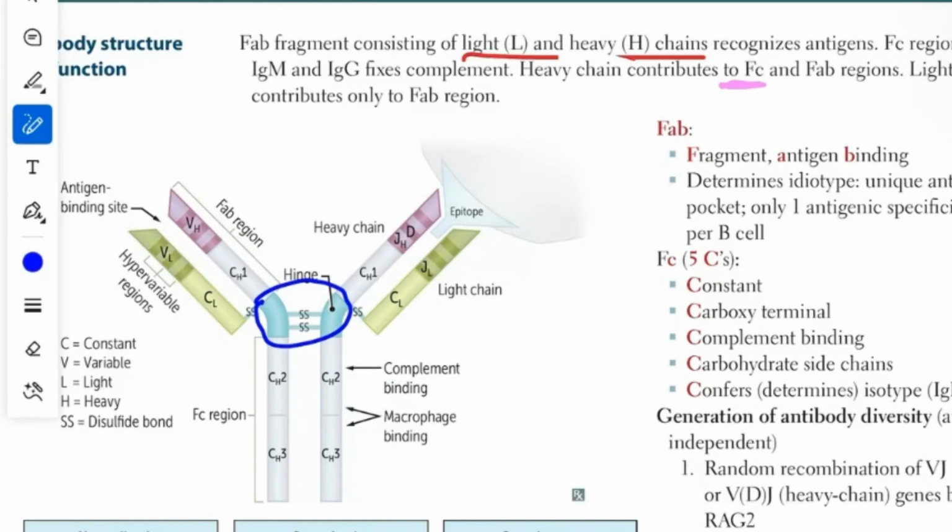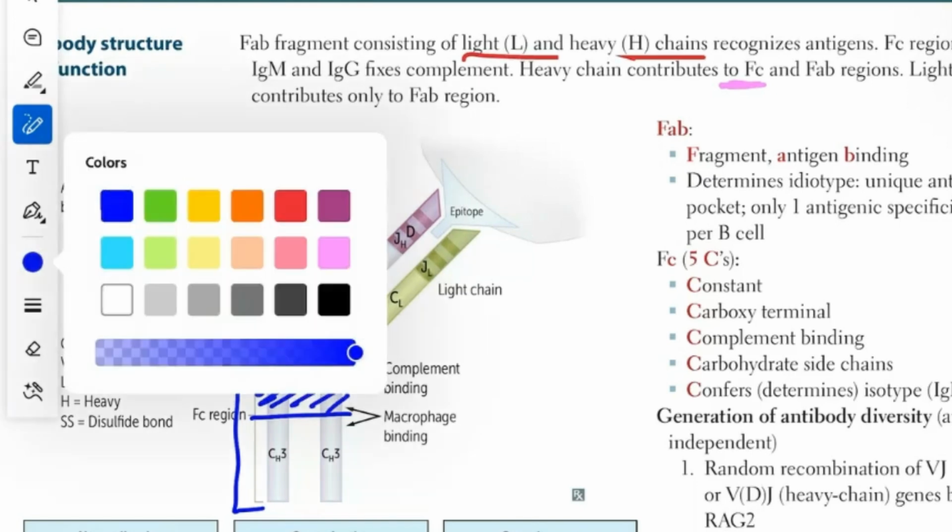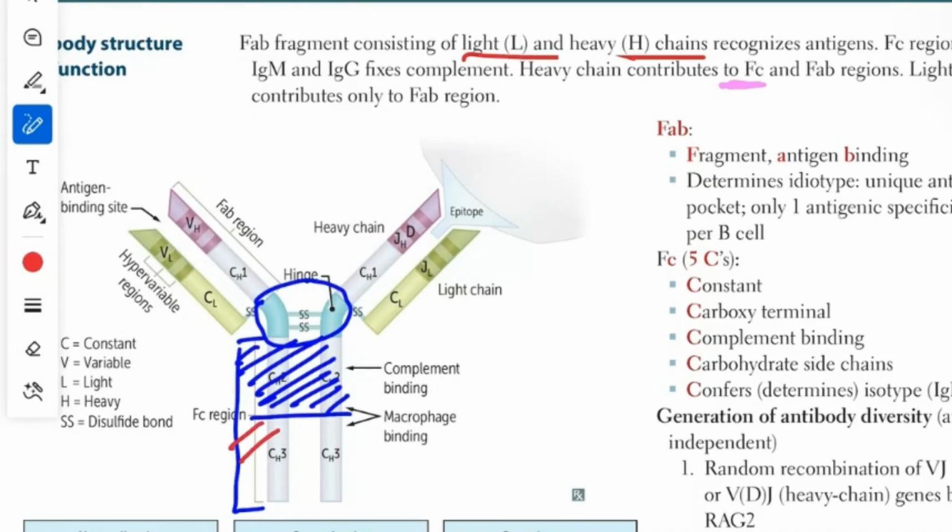If you look at this FC region, you can see it's divided into two parts. There's the complement binding site, which is just at the top here. Up here is CH2, down here is CH3, and up here is CH1. Notice that complement binds only to this site here.